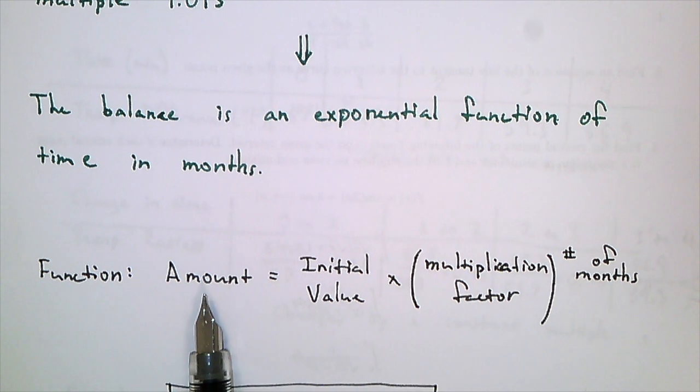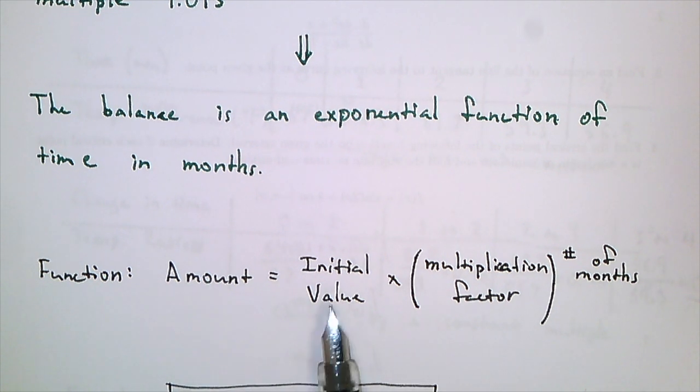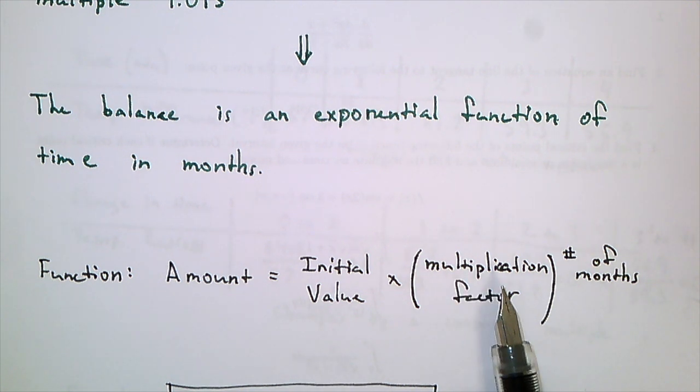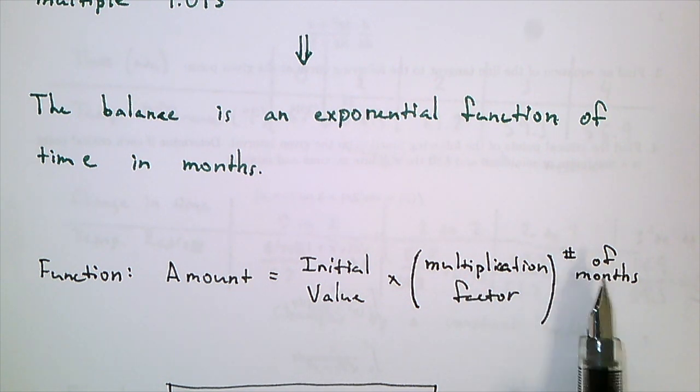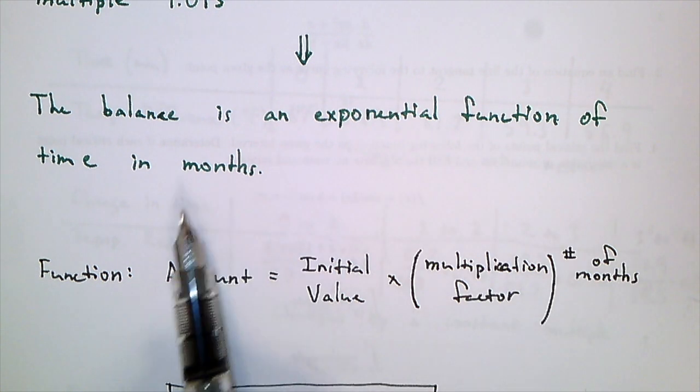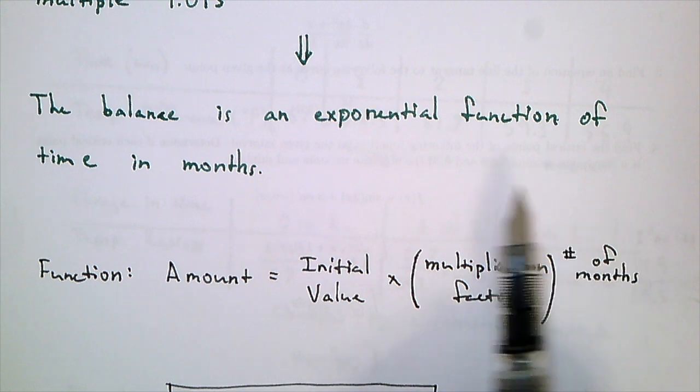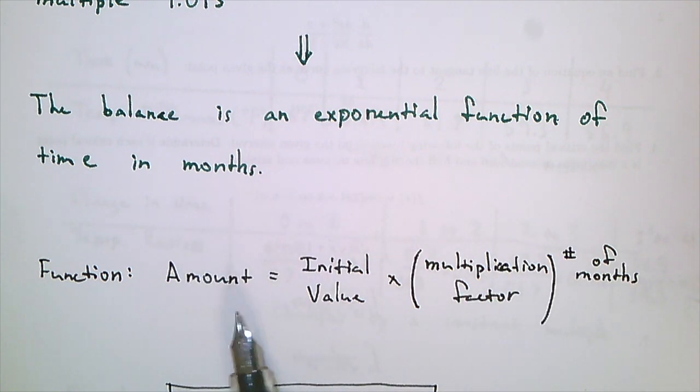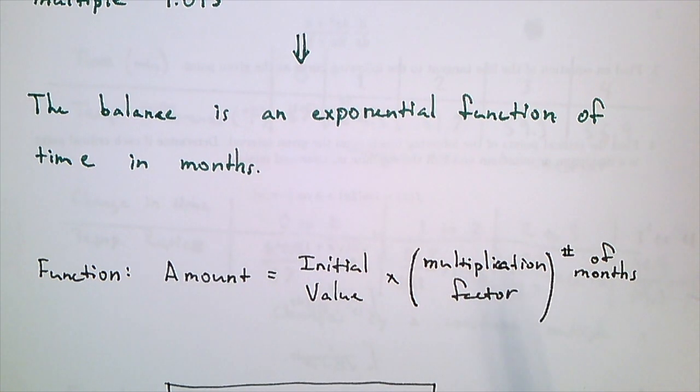The account balance should be equal to the initial value times our multiplication factor, and then in the exponent we'll put the number of months. This is just the basic standard exponential function formula that you learned in section 4.1.